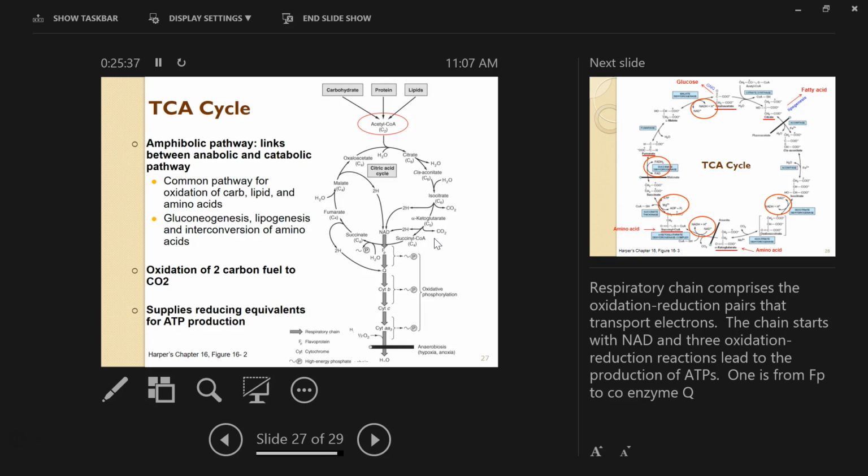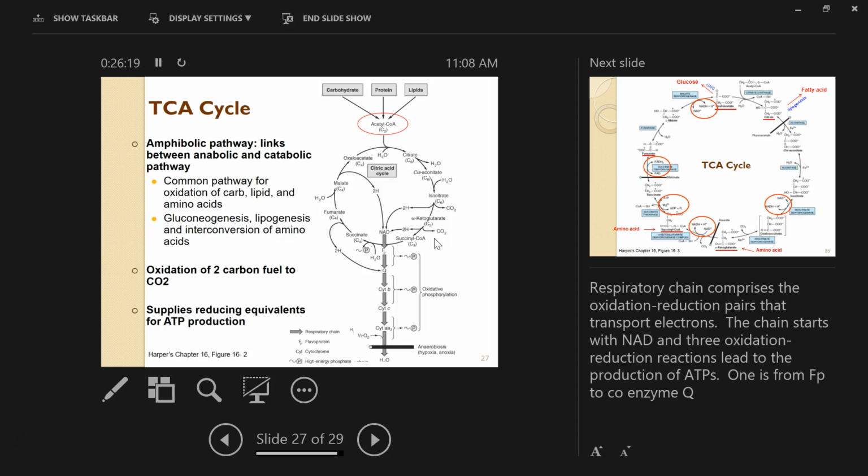And this is the TCA cycle, and you come together with the glycolysis and oxidative phosphorylation, putting all the information together. So this is a very nice diagram to see how glucose and the other nutrients are completely oxidized and produce ATPs. I also wanted to emphasize the nutrient metabolism again: glucose is metabolized to produce ATPs, right?